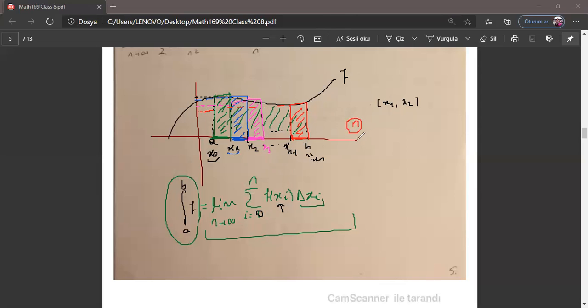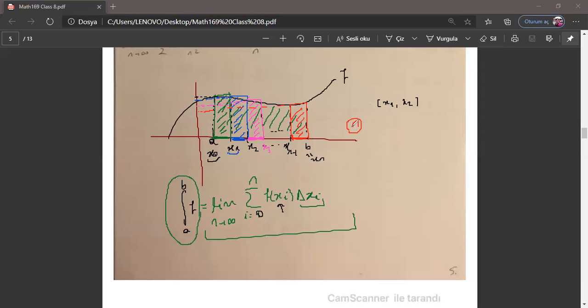But these rectangles are greater than the area below the curve, right? So if we take the limit as n approaches infinity, we will obtain exactly the value of the area. That's why we take the limit.